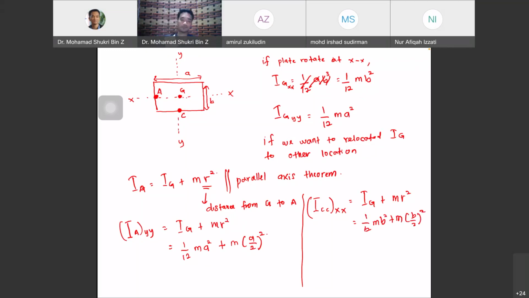We want to transfer the equation of the mass moment of inertia. So this is one example.